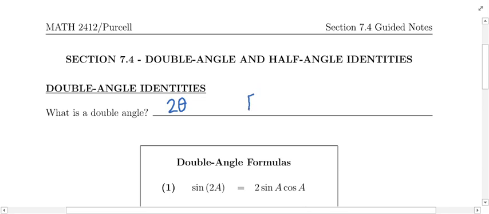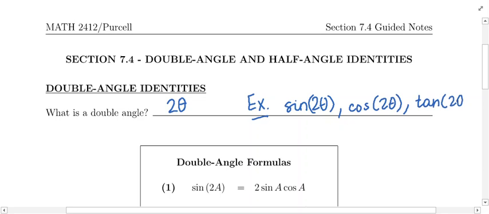So for example, in whatever expression or equation you're working with, you might see the sine of 2 theta. You might see the cosine of 2 theta. You might see the tangent of 2 theta, and so on. What I need you to do is realize that it's the angle that's being doubled.